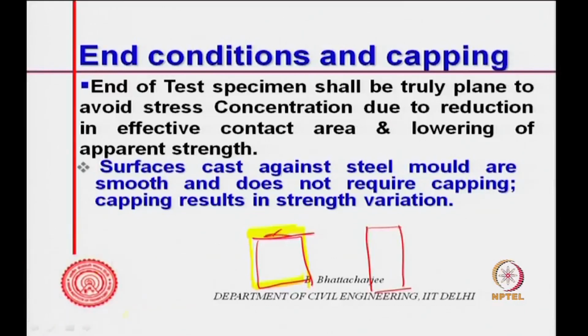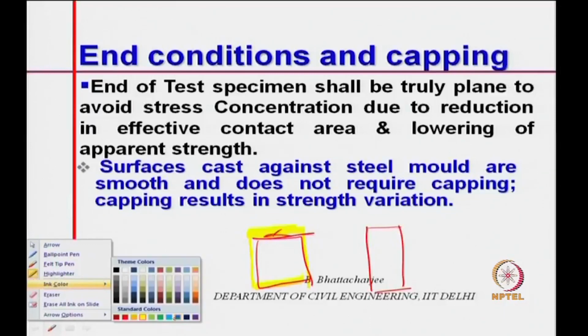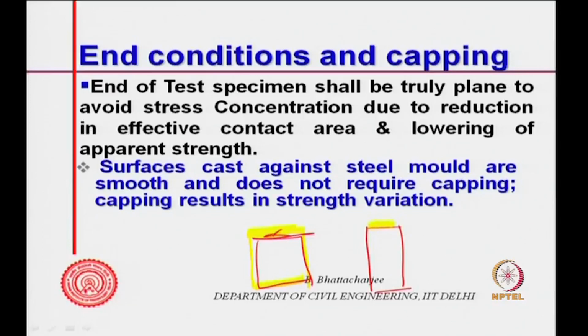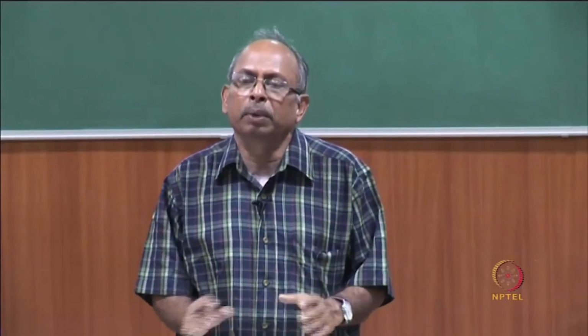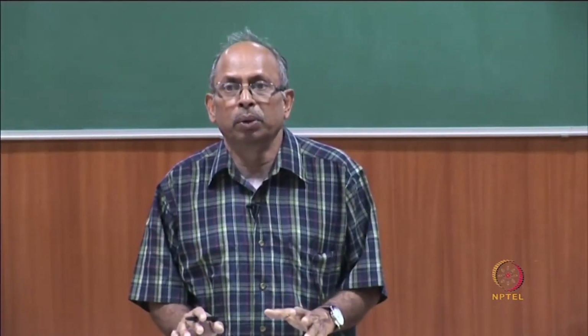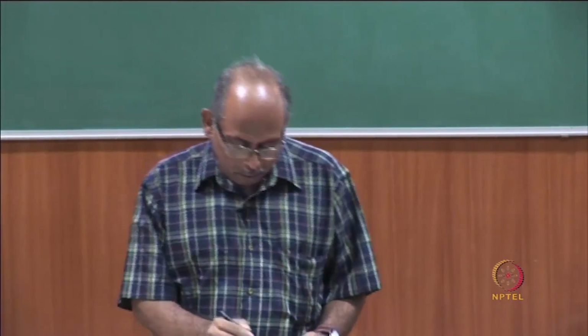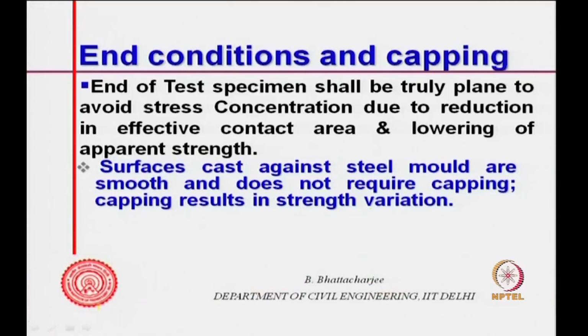So, we apply load through this. Anyway, in the cylinder scenario we have to see that it is sufficiently smooth, with no variation. That is as far as cubes and cylinders, largely cubes, are concerned.